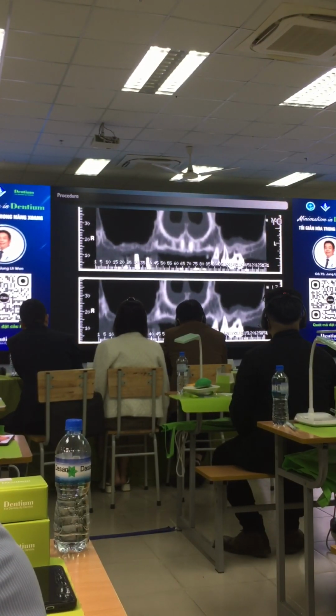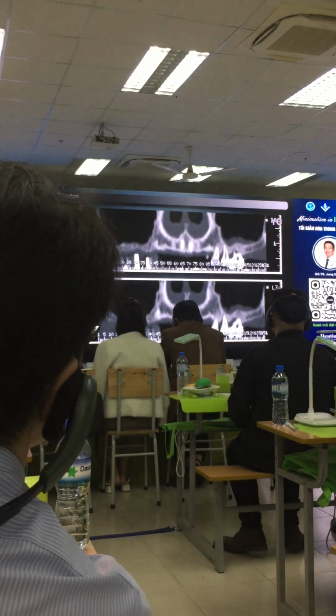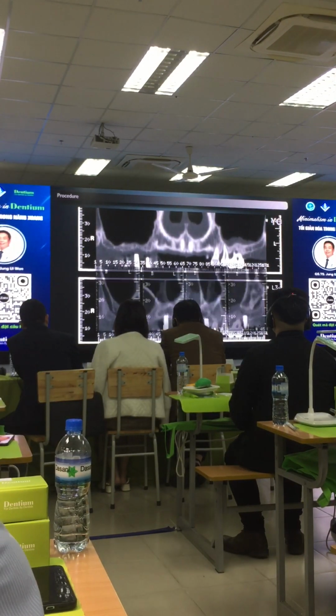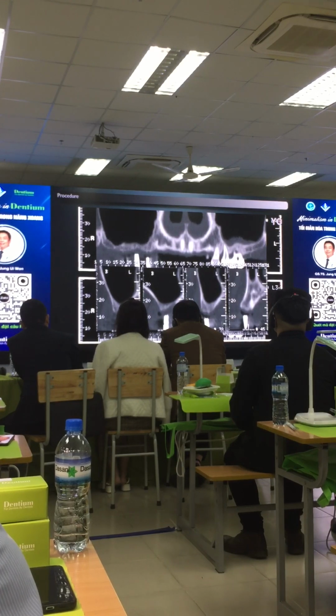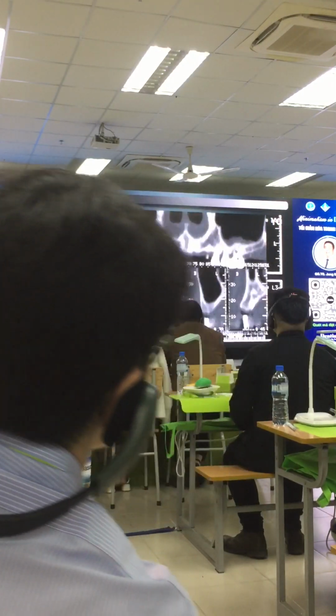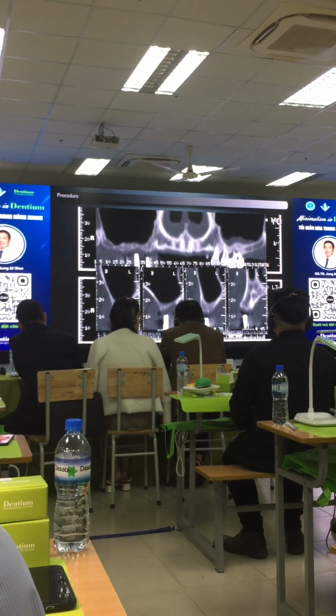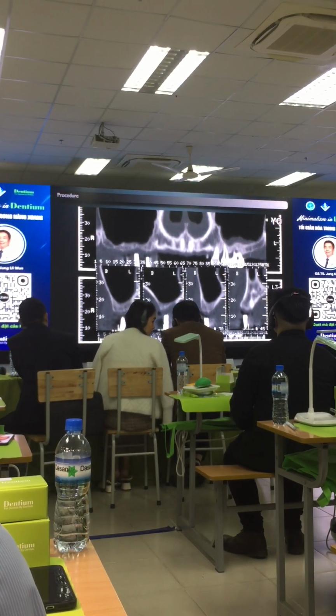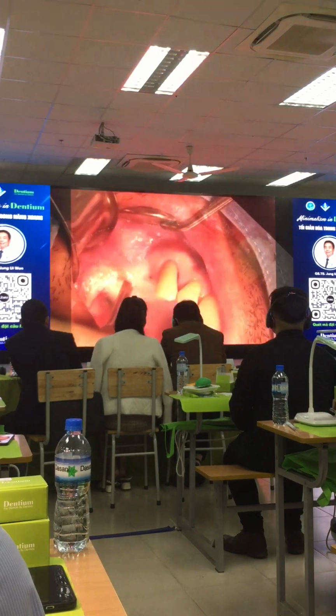After extraction, you can observe marked vertical dimensional change in the extracted site with severe pneumatization. In the cross-sectional view, approximately 3 to 5 millimeters of bone height was available, while the ridges were wide enough to place implants.